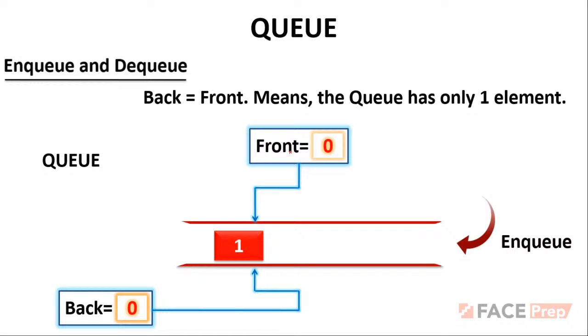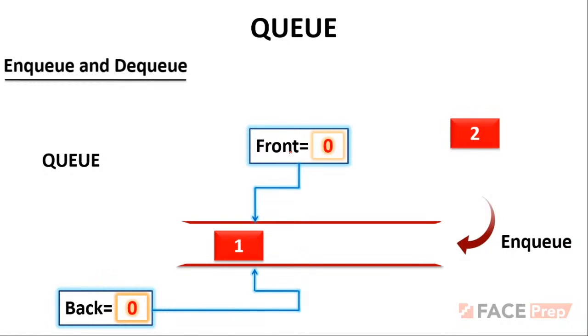Now let me try to insert one more element inside my queue, which is the second element. When I insert my second element, the value of back will be incremented by 1. Listen, whenever you are inserting elements other than the first element, the value of back will be getting incremented.